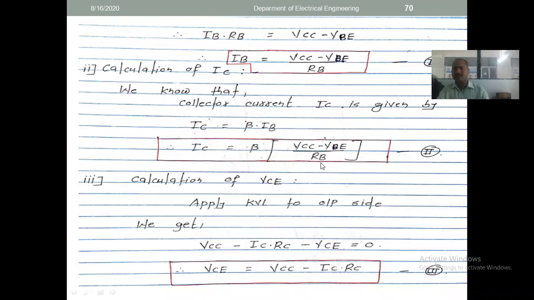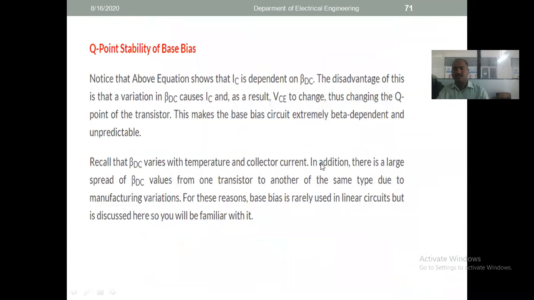Some of the advantages and disadvantages of this configuration: there is no stability. Many factors affect the stability of this type of configuration. This configuration has a beta factor dependence, and beta is related to the transistor.